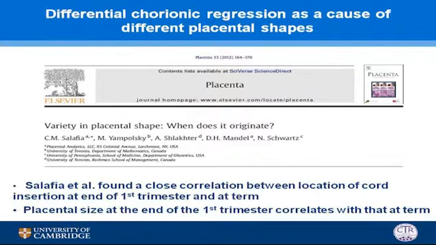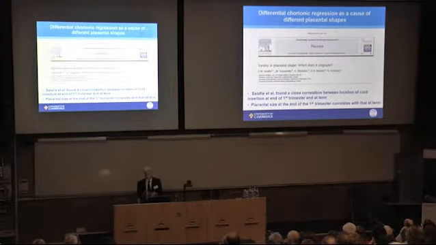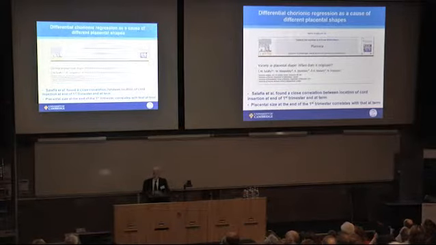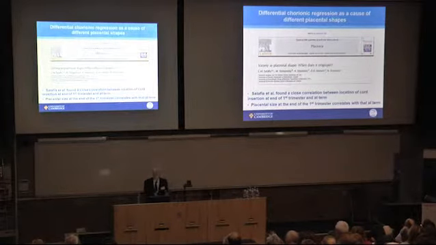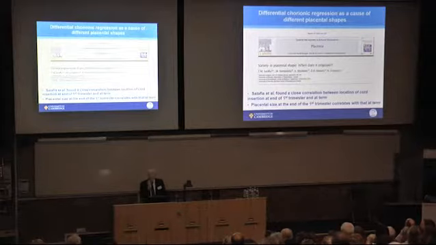So her conclusion is that placental shape is largely determined at the end of the first trimester. And we know now that IUGR placentas tend to be smaller at the end of the first trimester. Macrosomic placentas tend to be bigger at the end of the first trimester. There seems to be a correlation between placental size then and what happens at term.